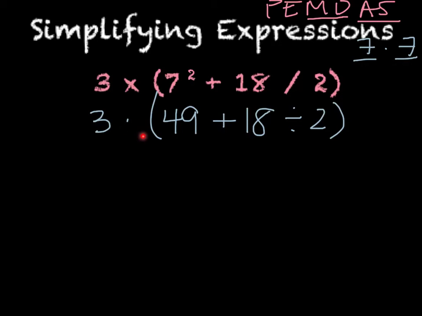I noticed this multiplication symbol out here, but I'm not going to do that first. Remember, I have to finish what's inside of the parentheses because that was my very first step before I go ahead and move outside of them. So I'm actually going to do this 18 divided by 2 next. So I'm going to replace that with the number 9. Again, everything else I'm going to keep exactly the same.